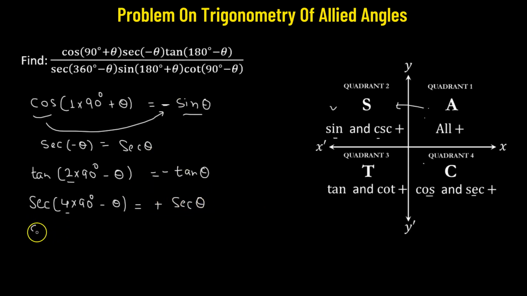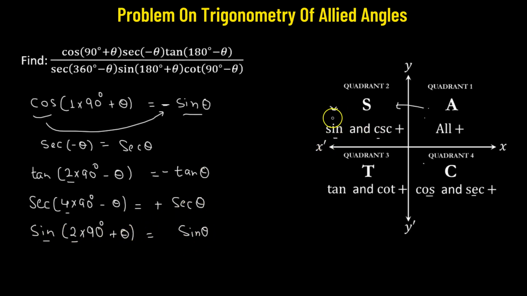Coming to the next one, we have sine of 180 degrees plus theta. So 180 means 2 times 90 degrees plus theta. So we have an even number multiplied by 90 degrees. So the sine function is going to remain as sine and the angle will be theta. Now 2 times 90 means we are in the second quadrant, but we are also adding an angle theta to it.